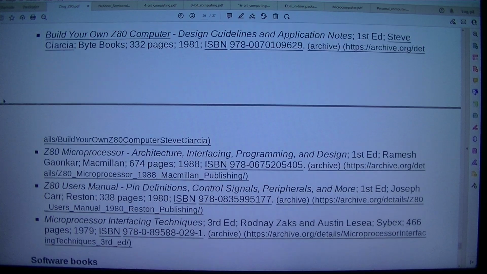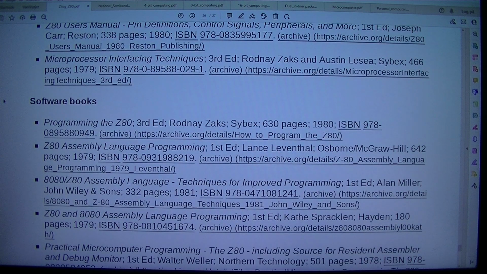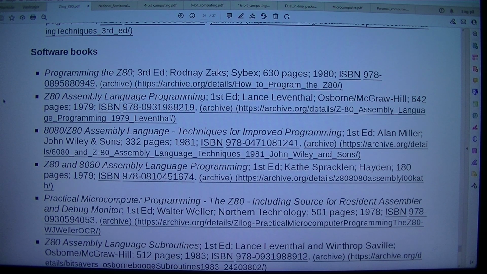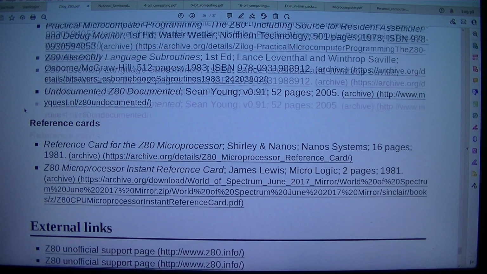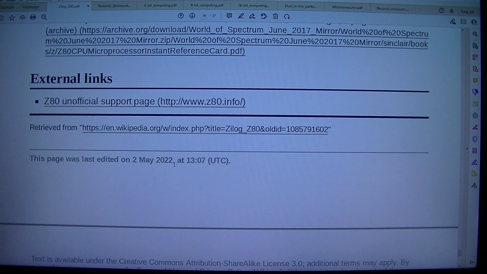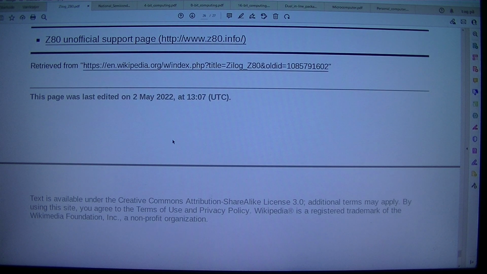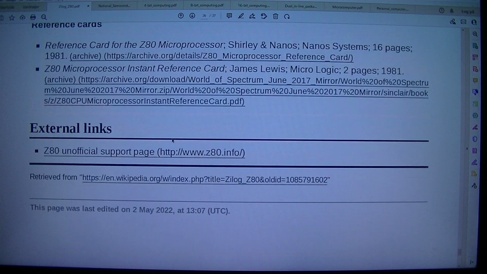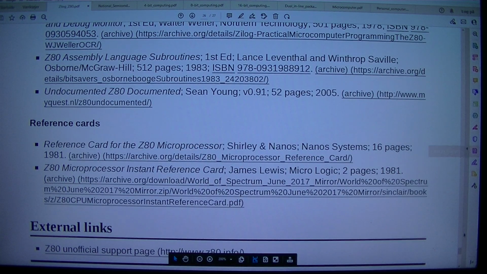But there's a lot of work to make this kind of PDF, and this is very high level. That's people with high level education who have written this. Of course, this was last edited the 2nd of May. Yes, but maybe I will just read it again in a few years.